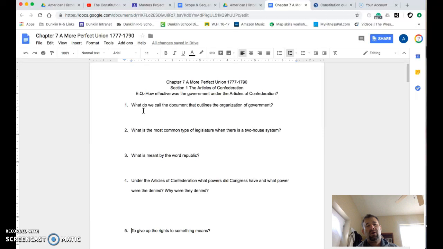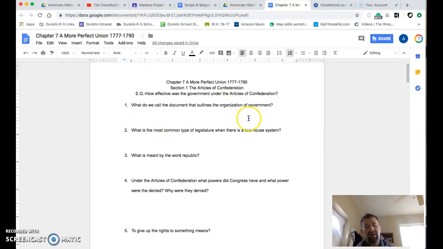So the Articles of Confederation was what the founders chose to use as our first go at government to see what they could come up with. And I think what we're going to learn about in this section is a lot of the shortcomings of that Articles of Confederation. So let's just continue on here.